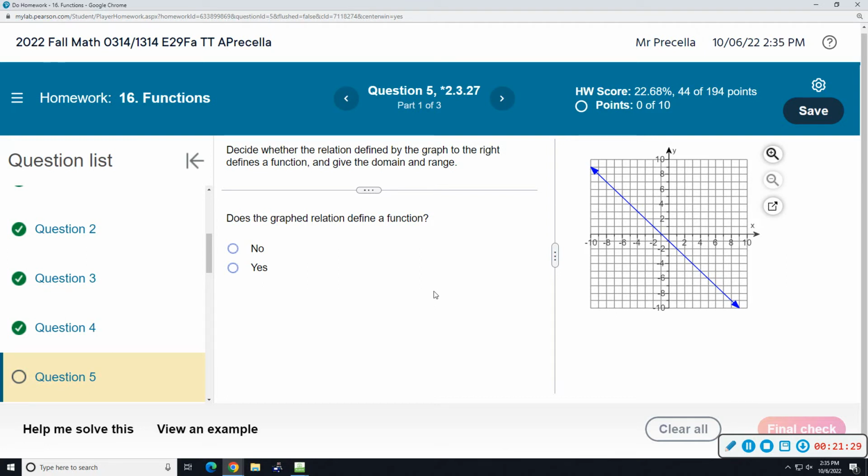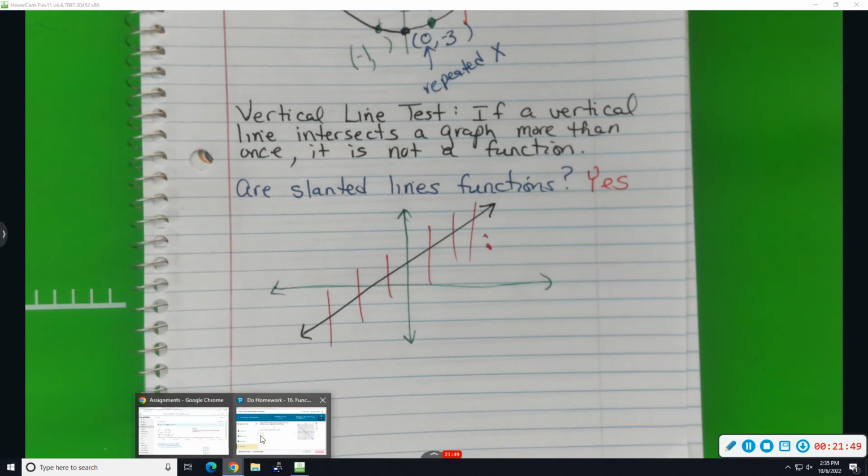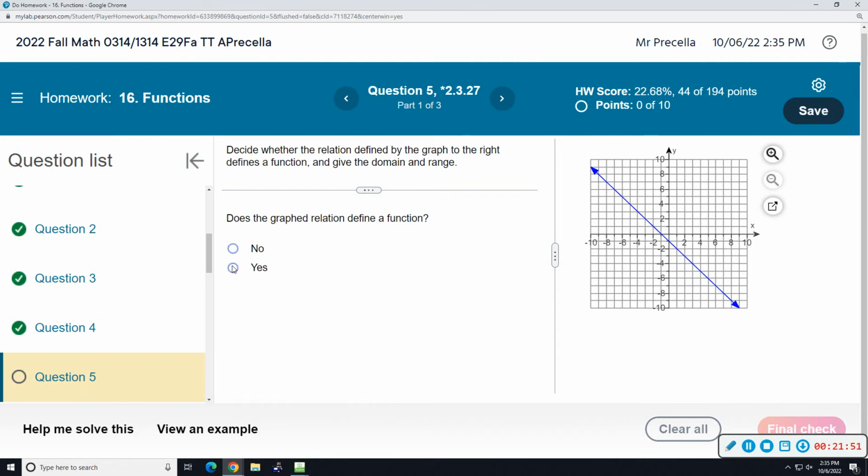Yes. It's a slanted line, and all slanted lines are functions. That was the question we asked. Are slanted lines functions? Yes. So we will go back over here and say yes.